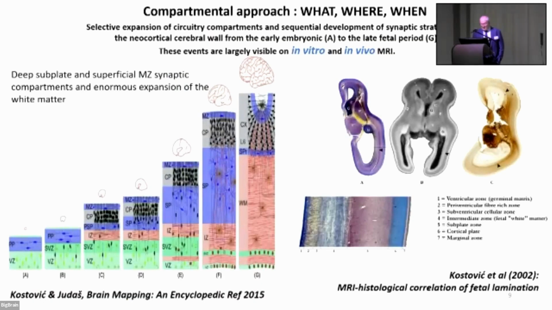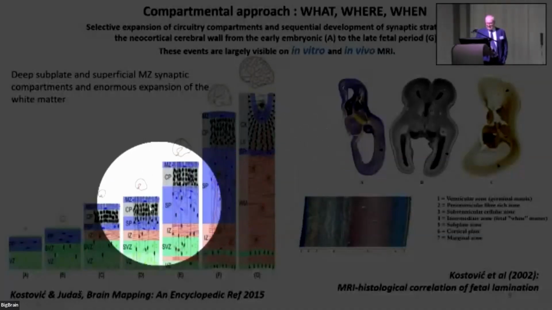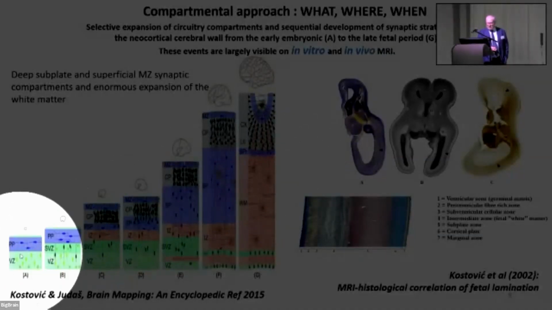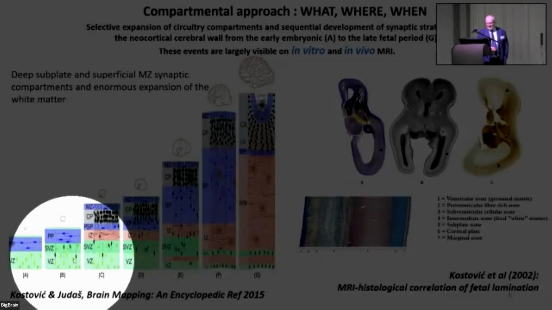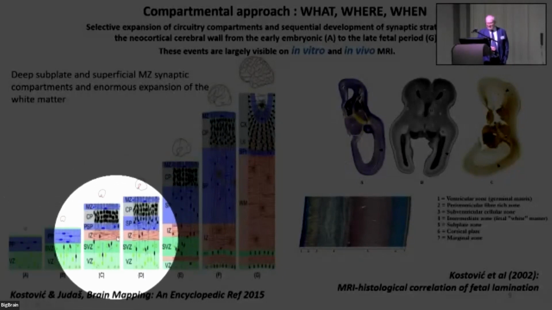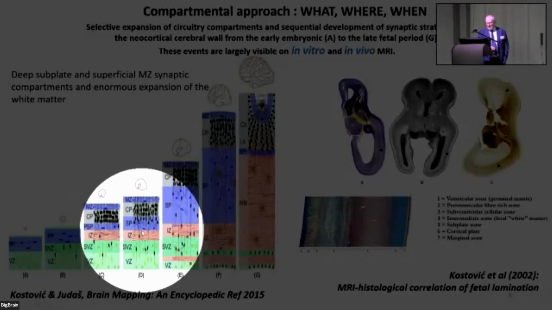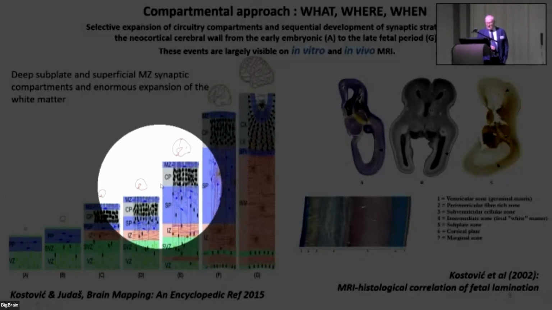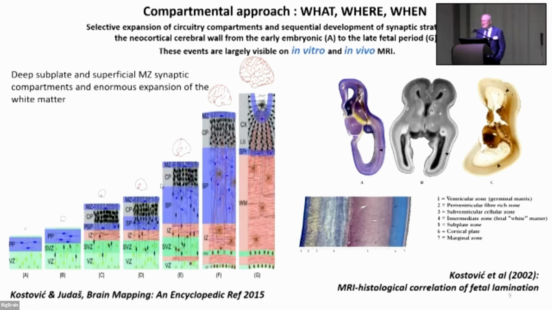Of course, my concentration is here on the so-called synapse-rich compartment. This green is just producing neurons. Then they migrate and fibers go through the intermediate zone, but the subplate and marginal zone receive the first synapses.